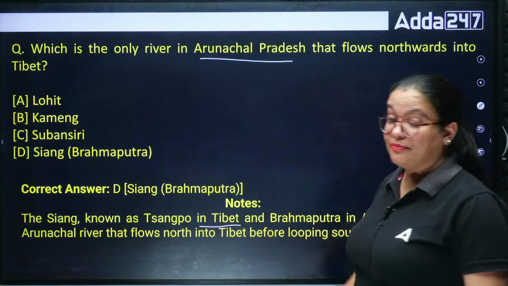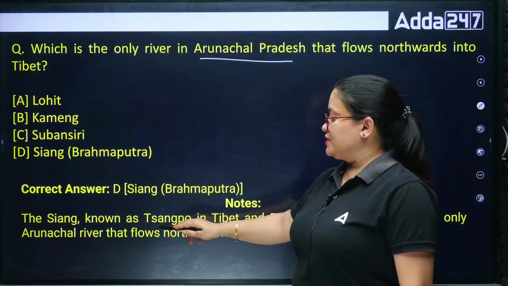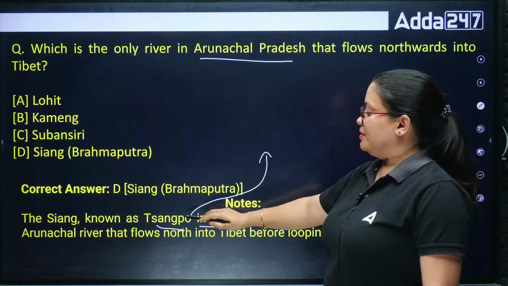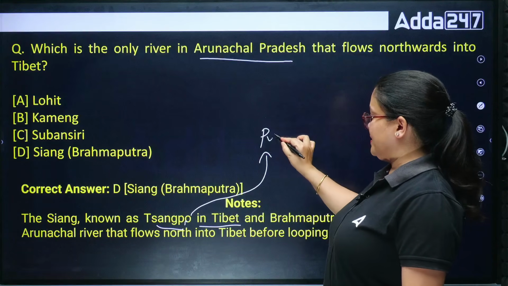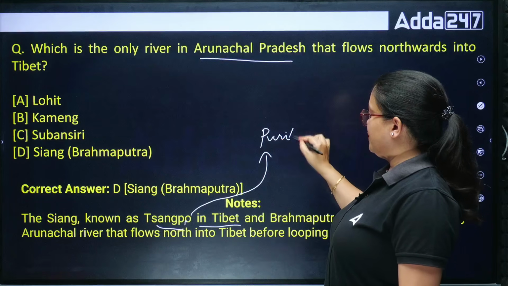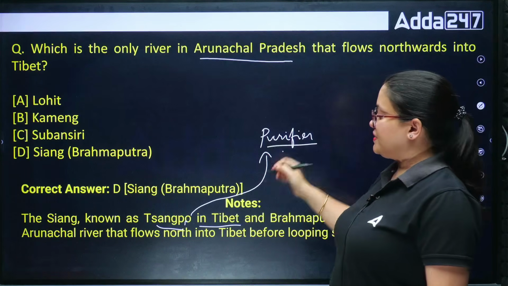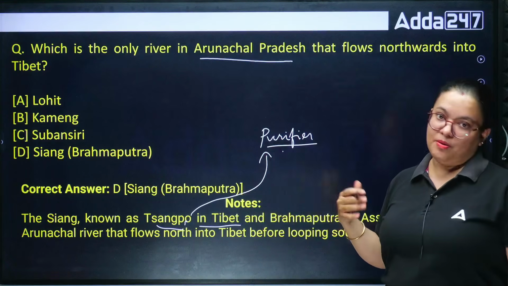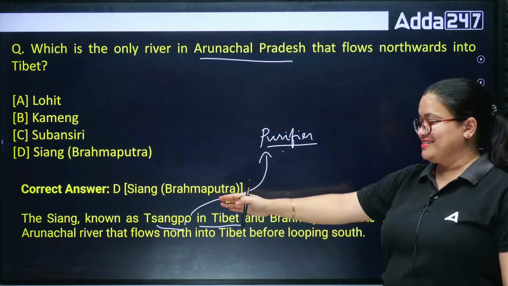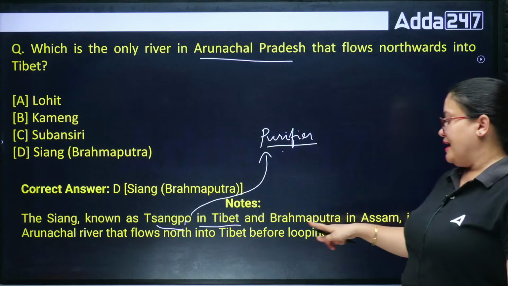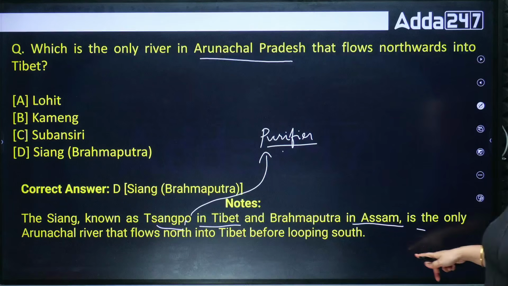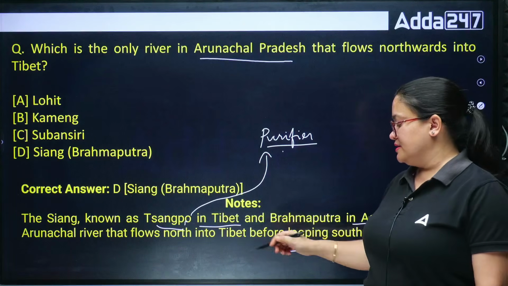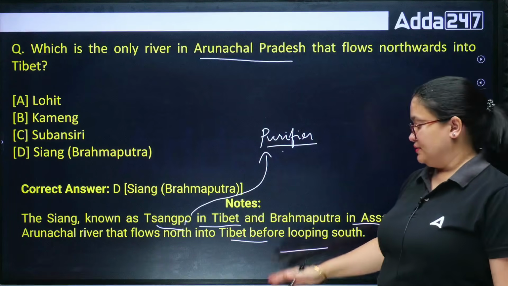It is also known as Jangpo in Tibet. One question came from here: what is the meaning of Jangpo? Jangpo is known as purifier in Tibet. So the river is Brahmaputra, while in Tibet it is known as Yarlung Jangpo, Brahmaputra in Assam, and Siang in Arunachal Pradesh. Okay, do remember?